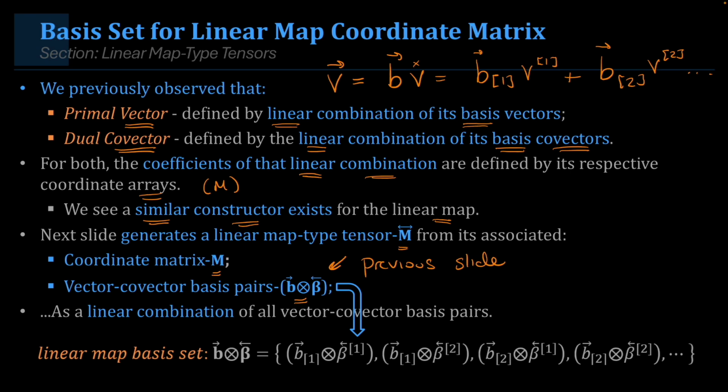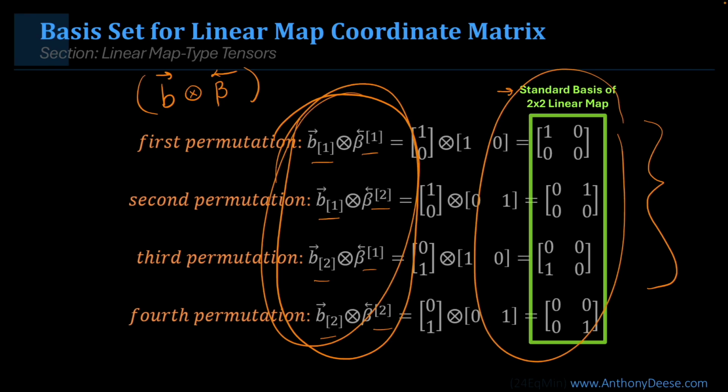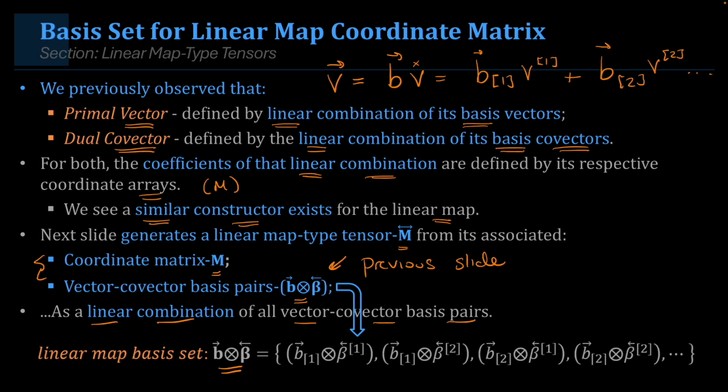So we combine these two as a linear combination of all the vector covector basis pairs. And this is a description of the basis set for the linear map, which is really just taking all of these and collecting them together in a single construct. So we have B1 beta 1, we have B1 beta 2, B2 beta 1. Anyway, it goes on and on.